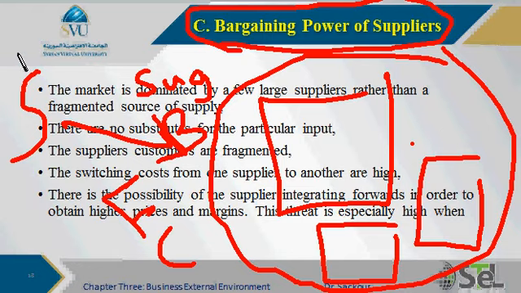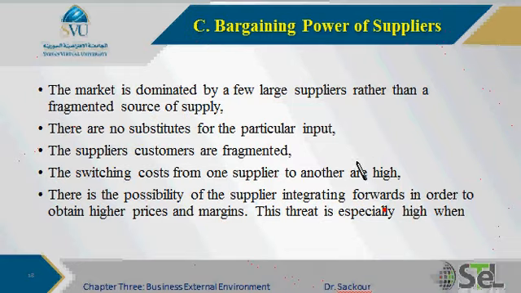Now my question to you: when do suppliers become strong or weak against you and other competitors? When the market is dominated by a few large suppliers, they are monopolizing.